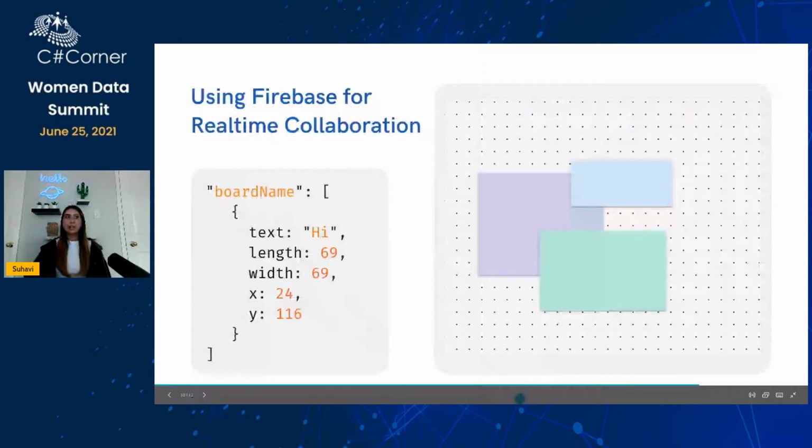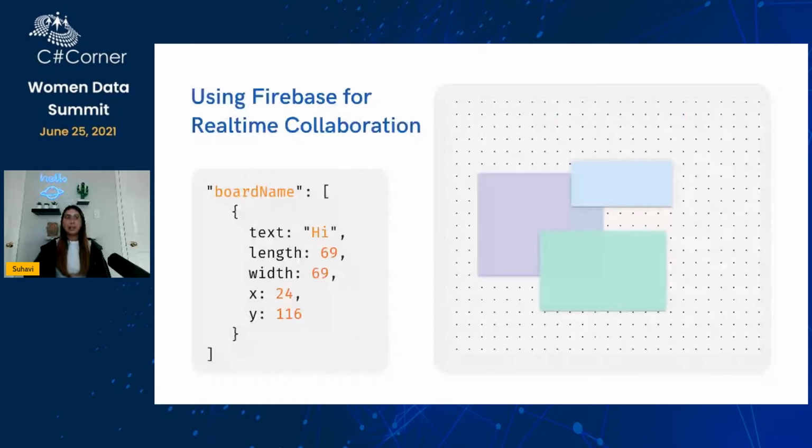Okay, so the board and enter it. Or you can create your own. So the next question is, what data are we actually storing? And in order to store information per board, we need to store the board itself.